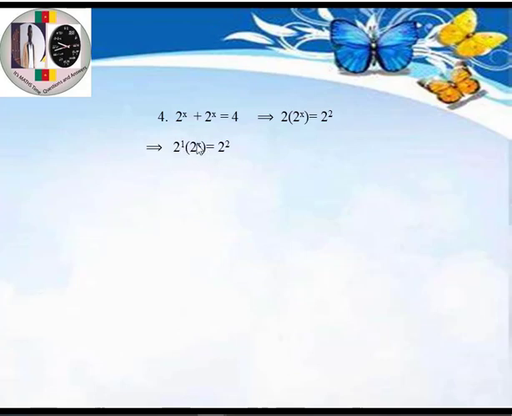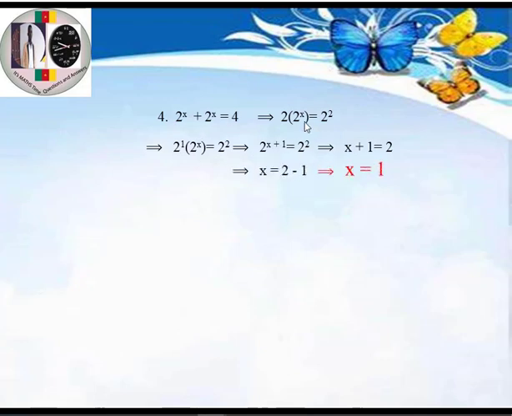So 2 power 1 plus x equals 2 power 2. If the bases are the same, the powers are the same. So x plus 1 equals 2, and x equals 2 minus 1, which is x equals 1.